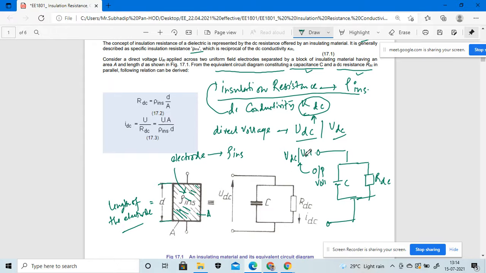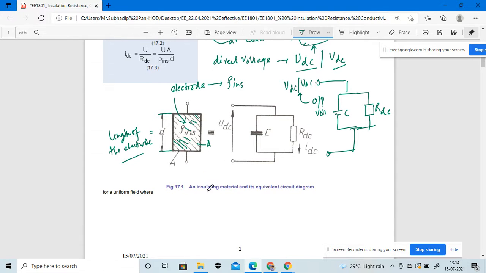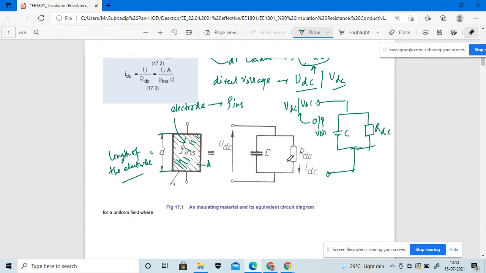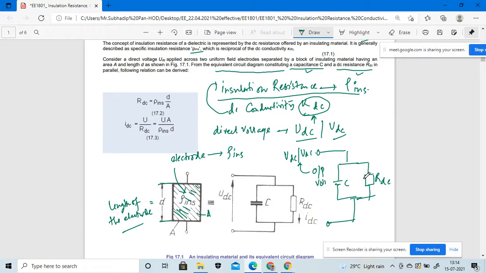So this will be the equivalent circuit for a particular electrode having length D and cross sectional area A, and this figure is considered as the insulating material and its equivalent circuit.